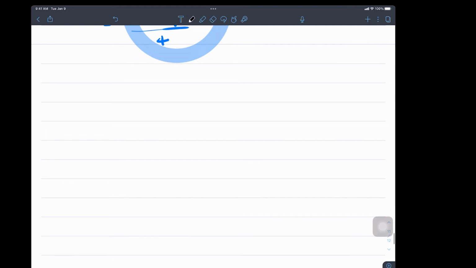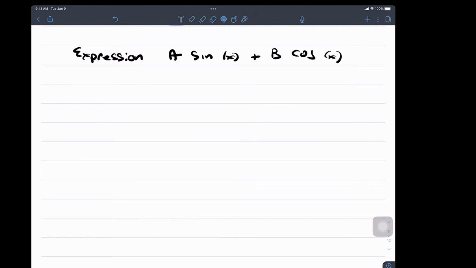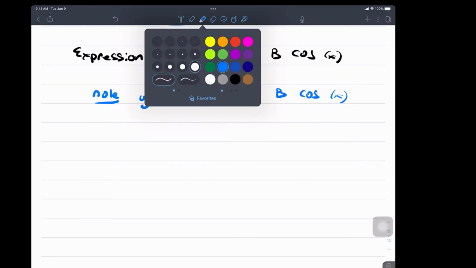In other words, if you're ever given an expression of this form, A sine x plus B cosine x, I'm going to prove to you this.